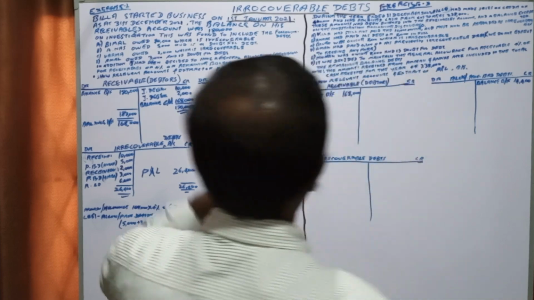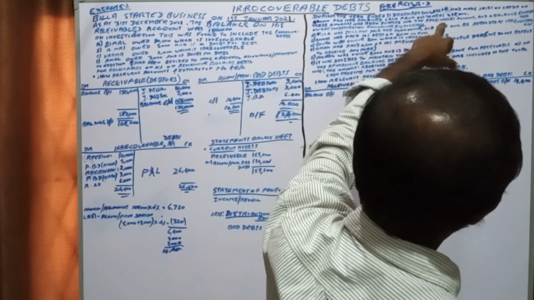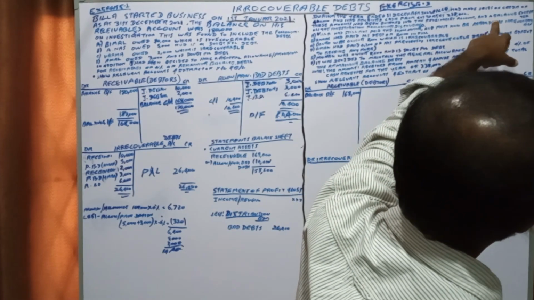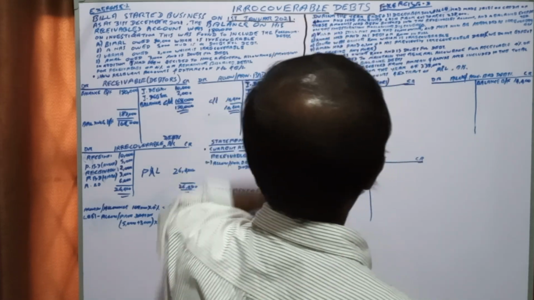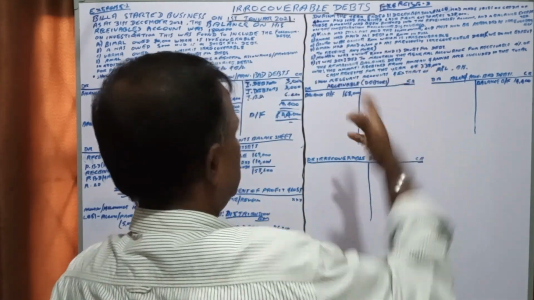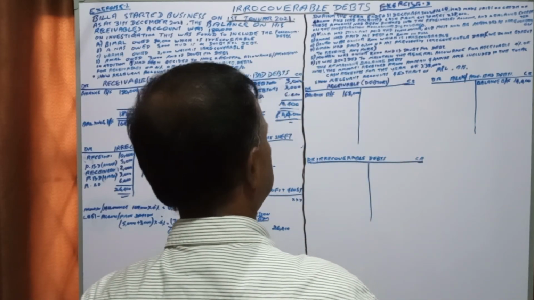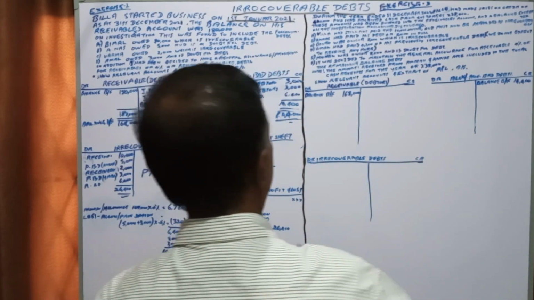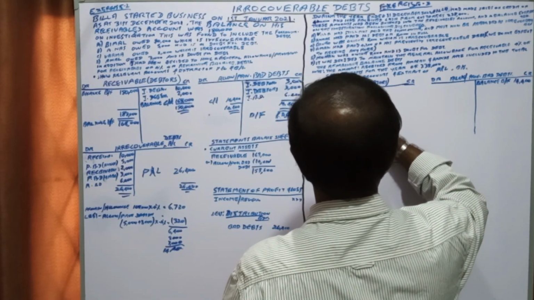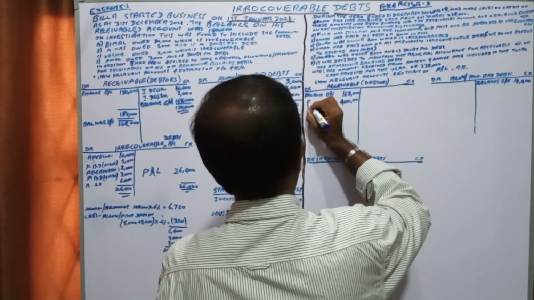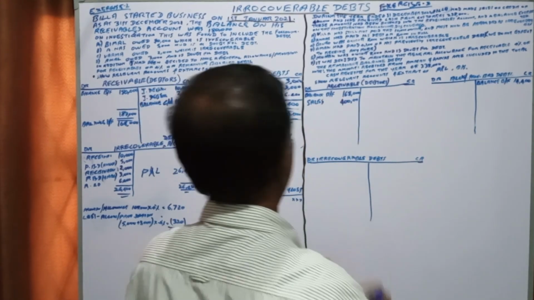During the year ended 31st December 2022, Billa had made sales on credit for 400,000. Credit sales, then how does it come? Debtors account 400,000, sales account credit, 400,000. He had made the sales.